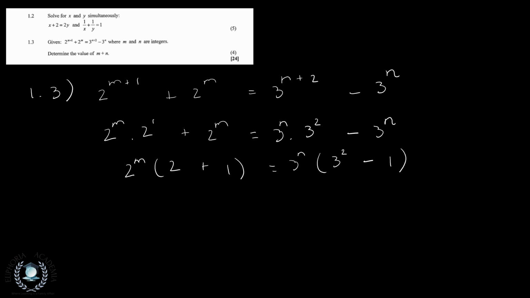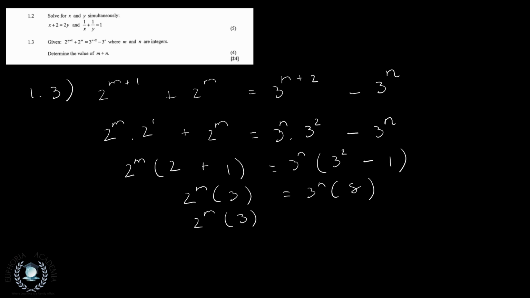All right, so what we have here is 2 plus 1 is 3. What we have here, 3 to the power of 2 is 9. 9 minus 1 is 8. So let's write that.